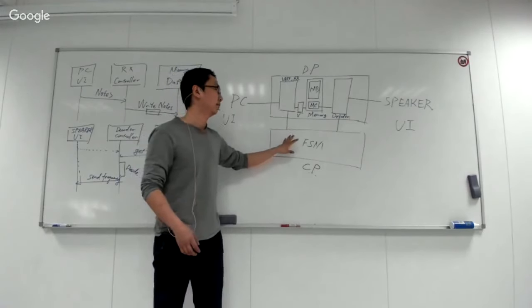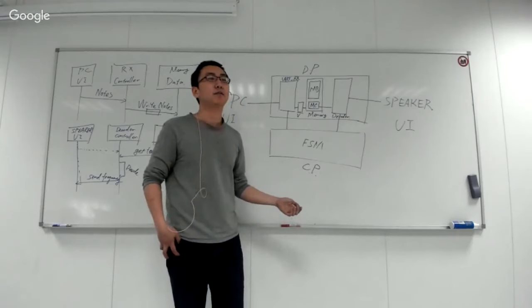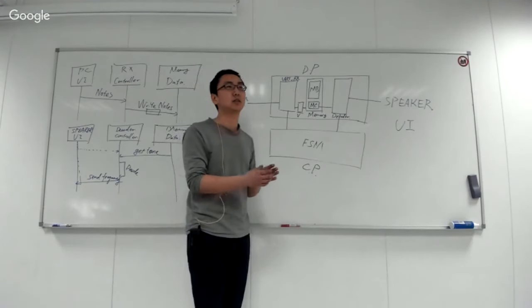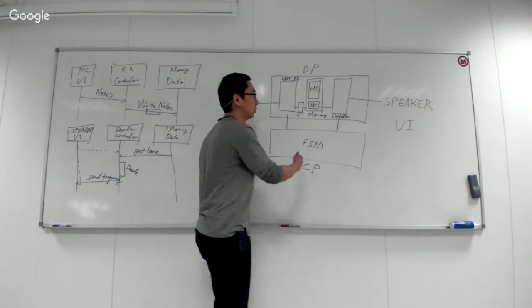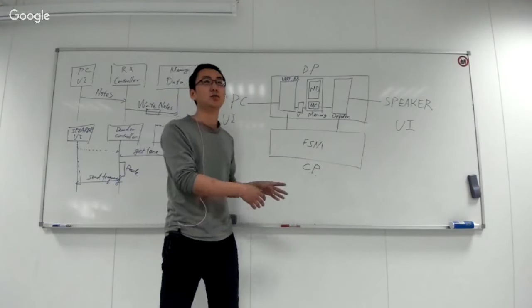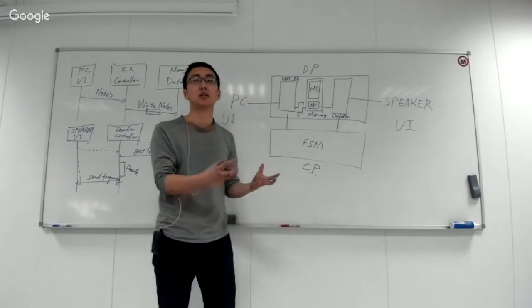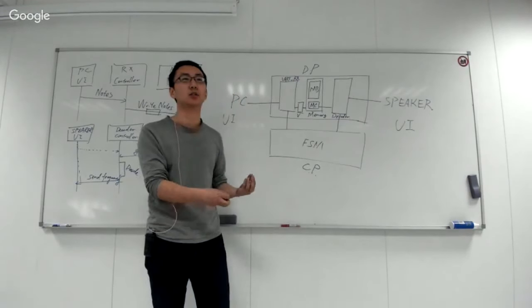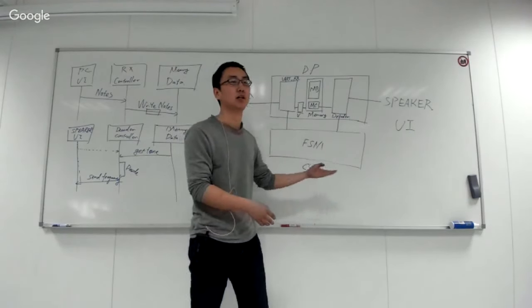However, a finite state machine as a control path is fairly easy to move around in different tasks, because if you just increase the states or some kind of condition of the states, the finite state machine will be easily ported to other tasks.